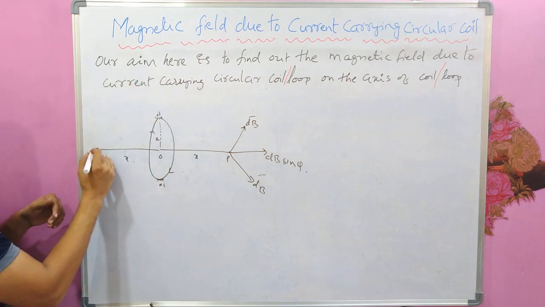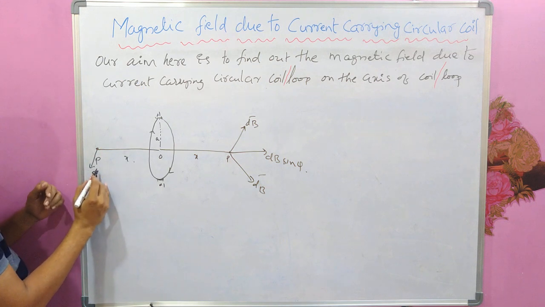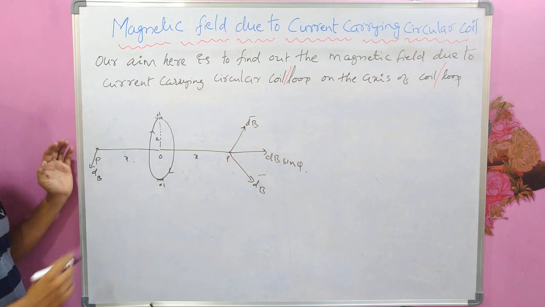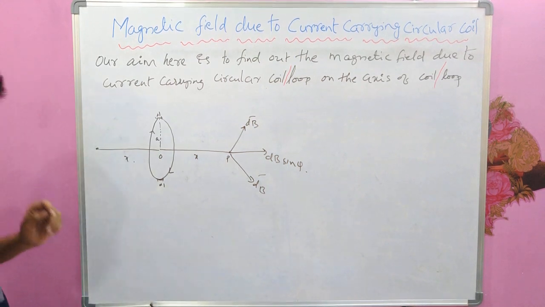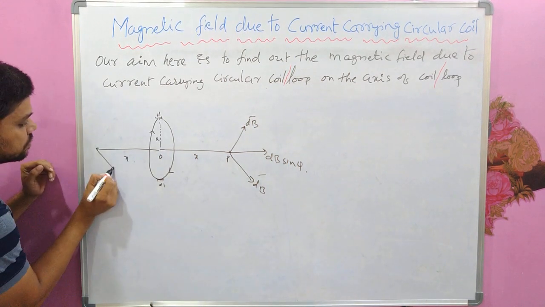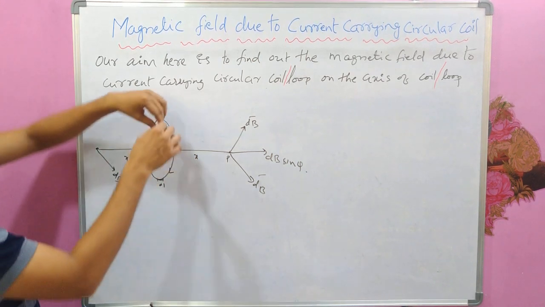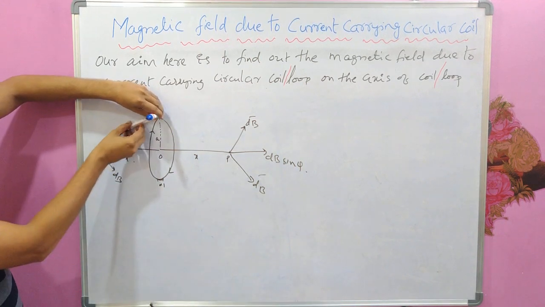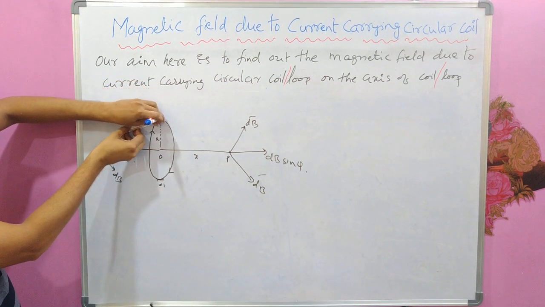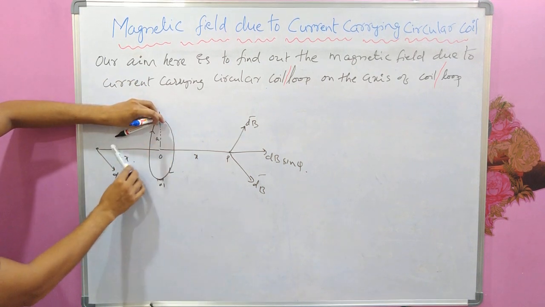The magnetic field here due to this element will be this. How is it this? For example, this is the dl and this is R, and the magnetic field due to this element will be this.